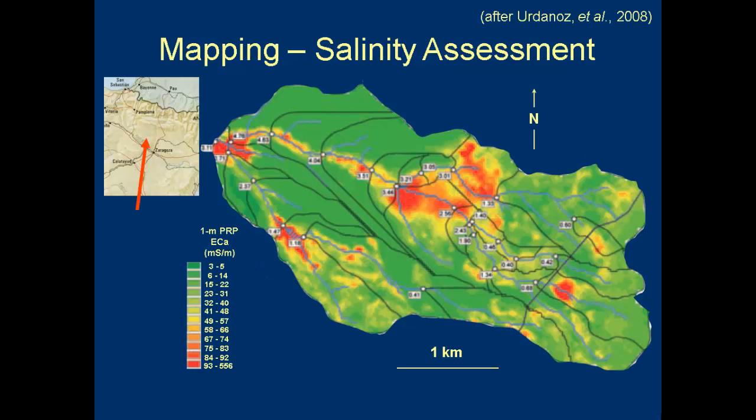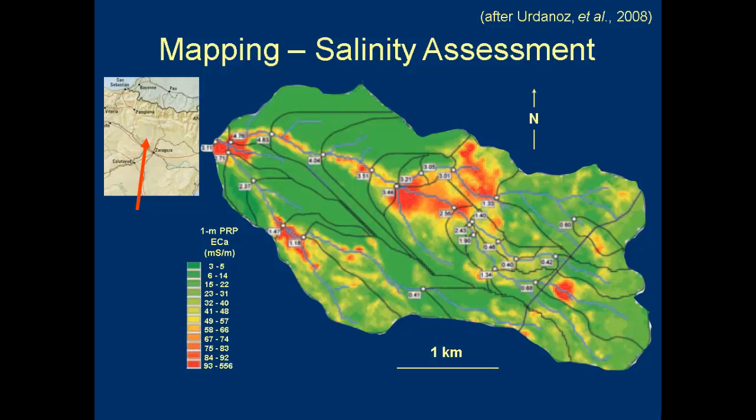Assessing and monitoring soil salinity is a mapping application in Mediterranean and other regions where high-value agriculture coincides with conditions that are periodically hot and dry. Here, Verdano et al. used 1 meter perpendicular apparent conductivity to map a basin in northeastern Spain that is undergoing development for irrigation.